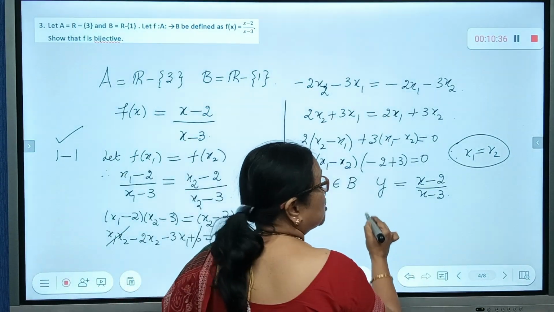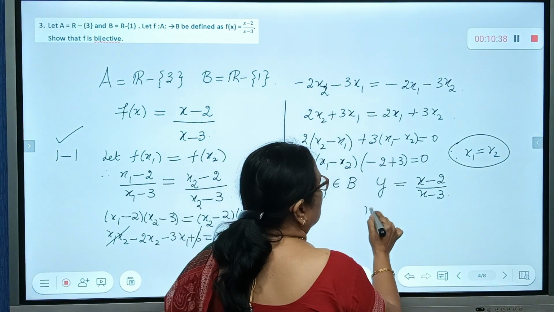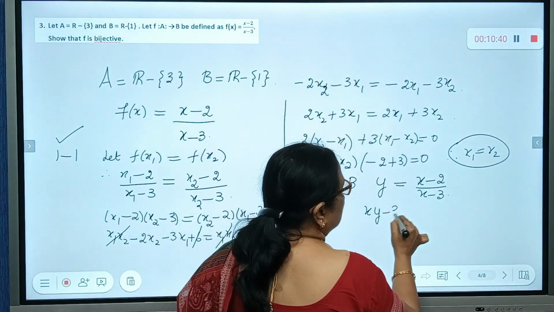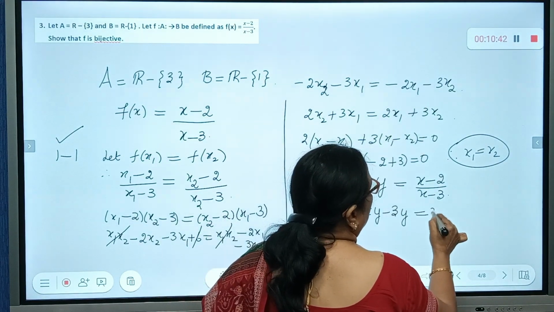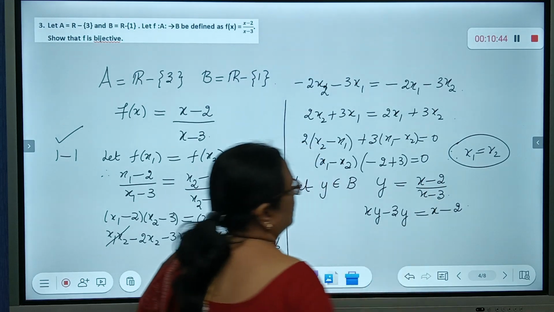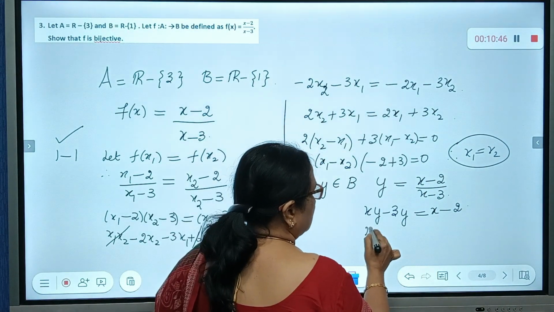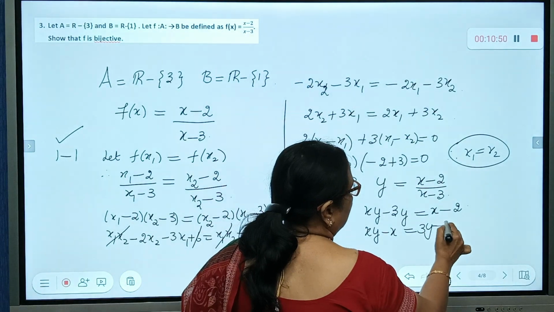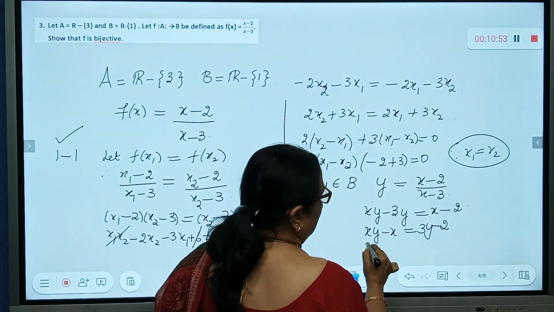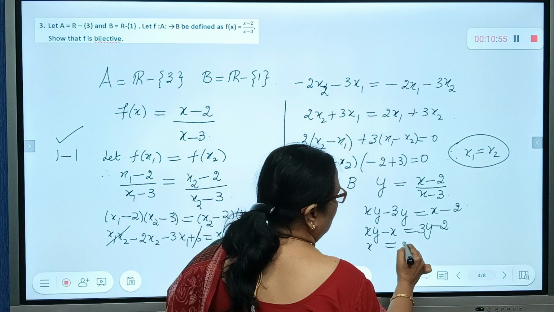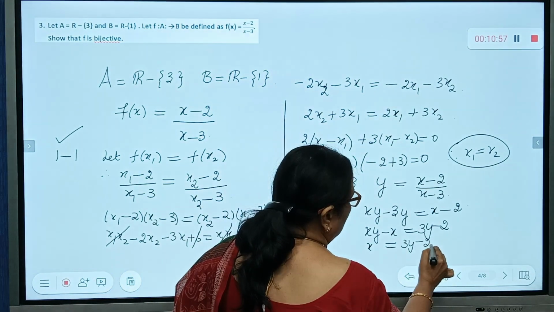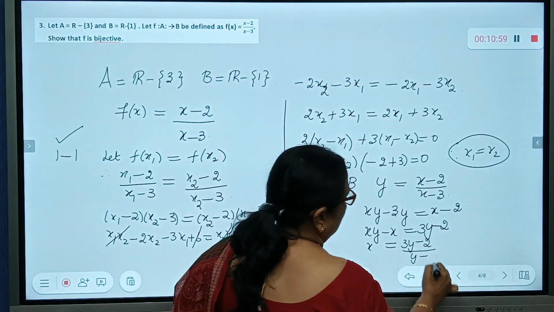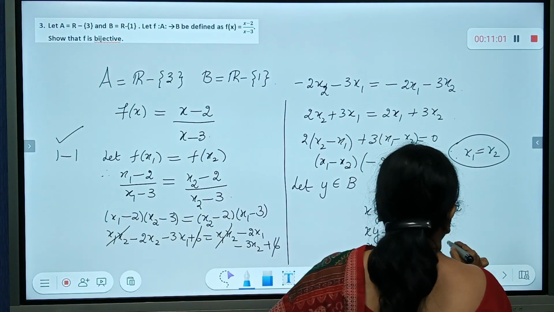So xy minus 3y equal to x minus 2. So xy minus x equal to 3y minus 2, or x is equal to 3y minus 2 by y minus 1. Where does it belong? It belongs to A.